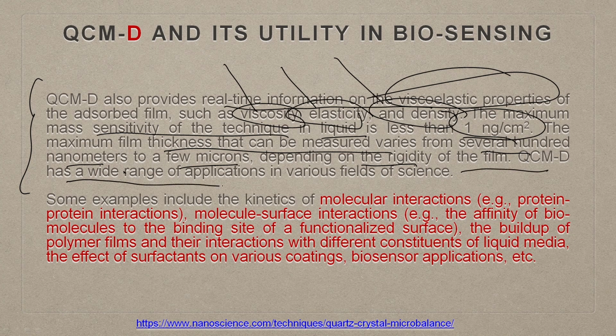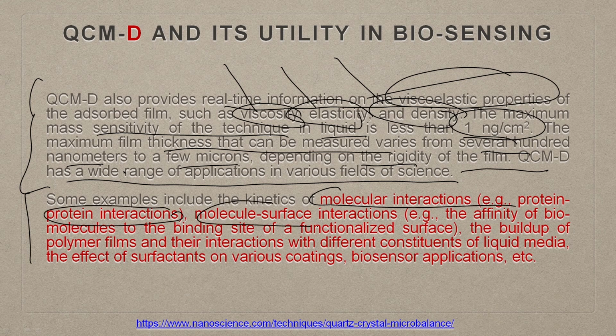QCM-D has a wide range of applications in various fields of science. Some examples include molecular interaction, that is protein-protein interaction, molecule to surface interaction, the affinity of the biomolecules to the binding site of the functionalized surface, the buildup of polymer films and their interaction with different constituents of the liquid medium, and the effect of surfactants on various coatings, biosensor application, etc.